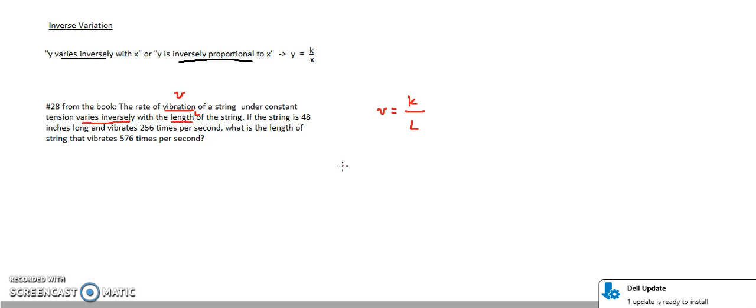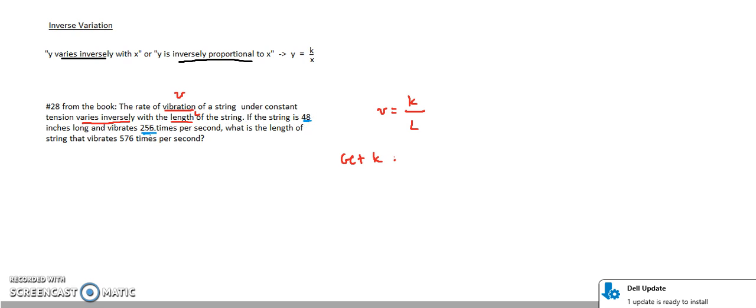The second step, remember, is that we need to get K. So we've got to find the two numbers that go together so that we can find K. Of what's left, which two numbers happen at the same time? Well, looking here, 48 inches long and vibrates 256 times per second.